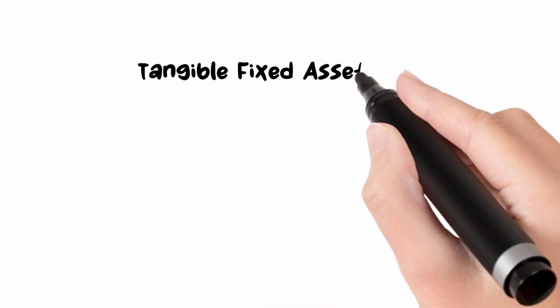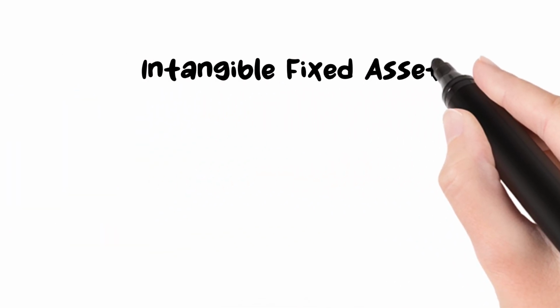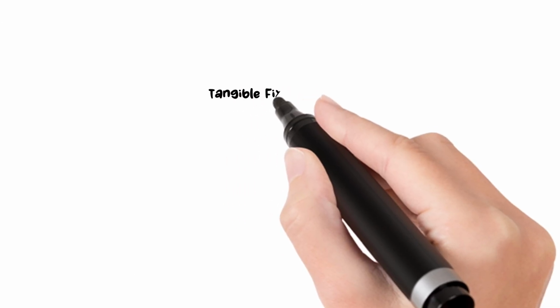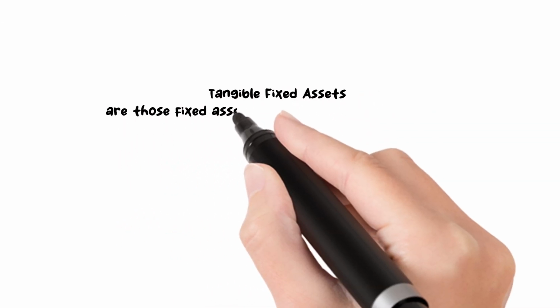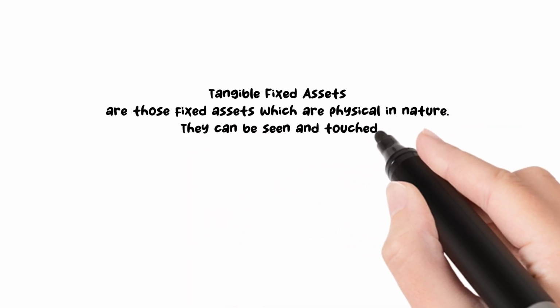Tangible fixed assets like land, building, machinery, and intangible fixed assets like trademark and software. Tangible fixed assets are those fixed assets which are physical in nature. They can be seen and touched.